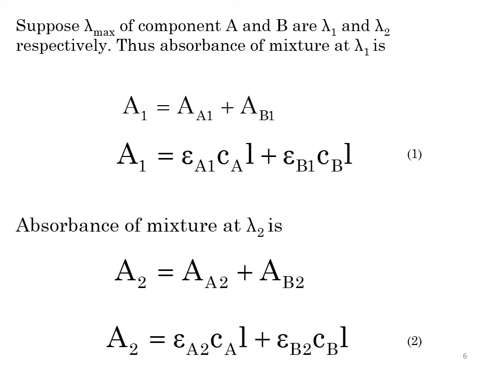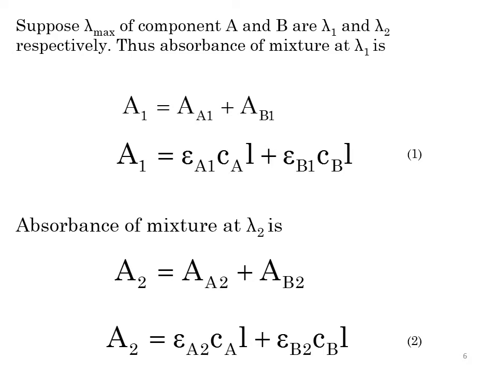Similarly, the absorbance of the mixture at lambda 2 can be written as A2 equals A with subscript A2 plus A with subscript B2. In this expression, the first parameter A with subscript A2 represents the absorbance of component A in the mixture at wavelength lambda 2.